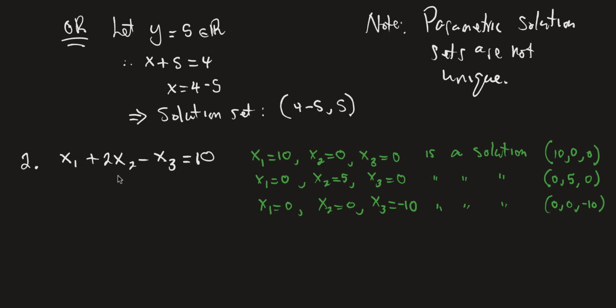If I give you the freedom to choose any value for, let's say, x2, any value for x3, you couldn't then just pick any value for x1. You'd have to figure out what the value of x1 would have to be so as to satisfy the complete equation.